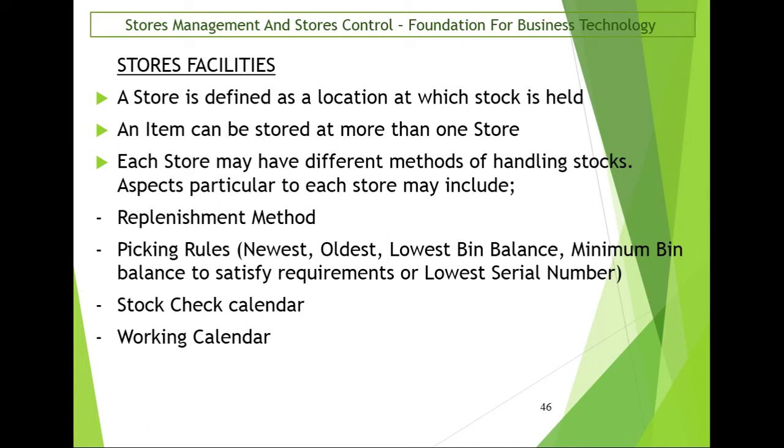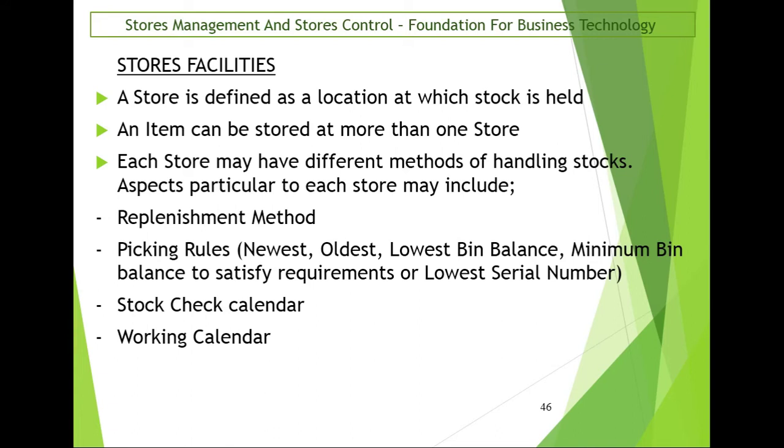So the main store will have a large maximum quantity because it receives stock on behalf of all the other stores, whereas a sub-store in a remote area will need a very low maximum level because it only needs quantities to satisfy that particular location only.